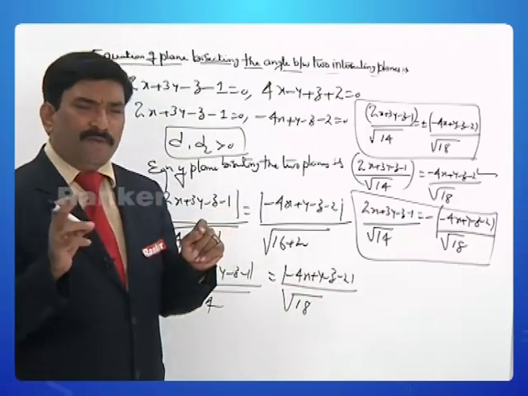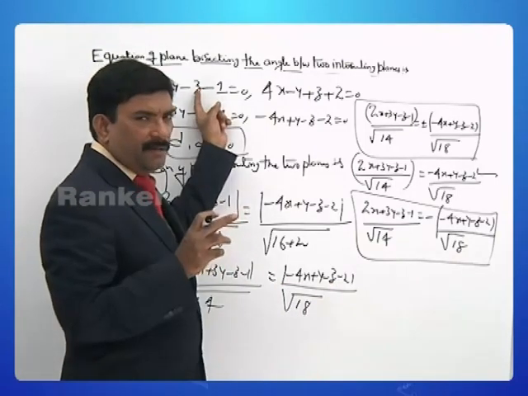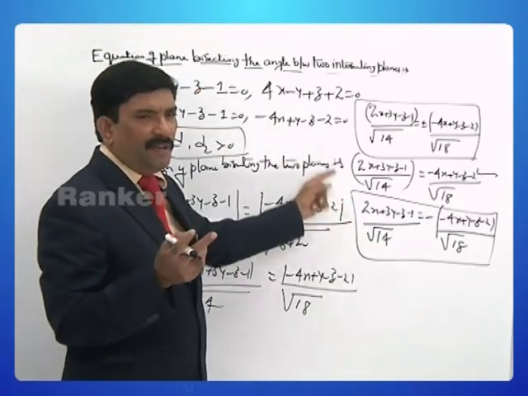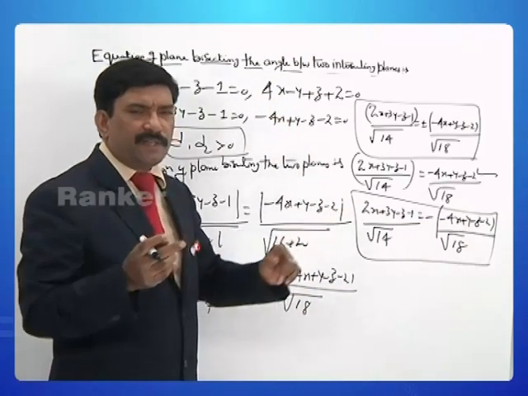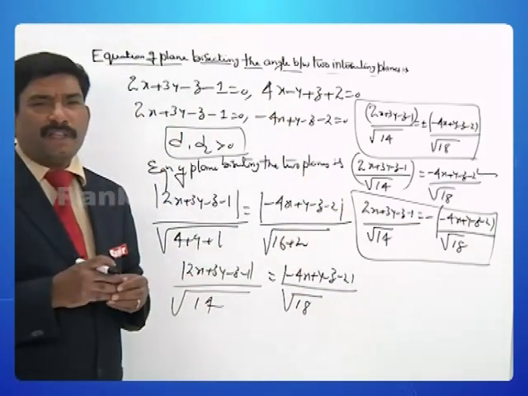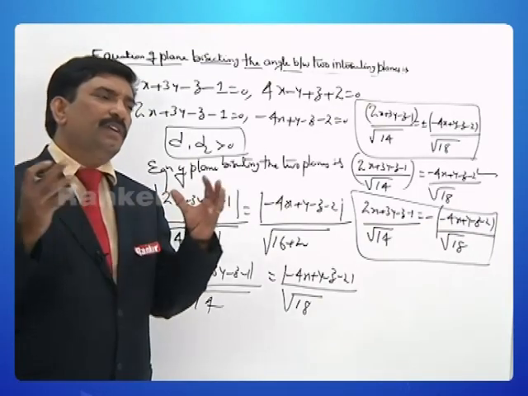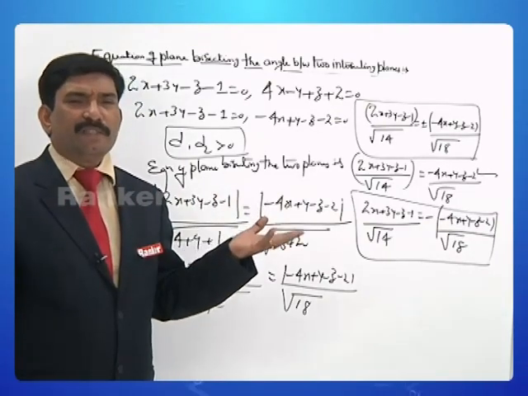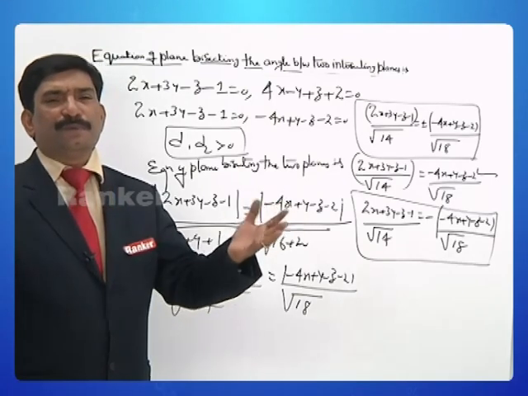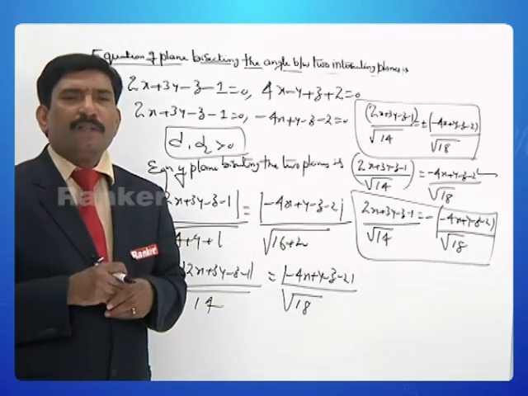If the angle between the first plane and the first bisector, or the second plane and the first bisector, is less than 45, that plane is the acute bisector. It is quite obvious the other bisector must be obtuse.